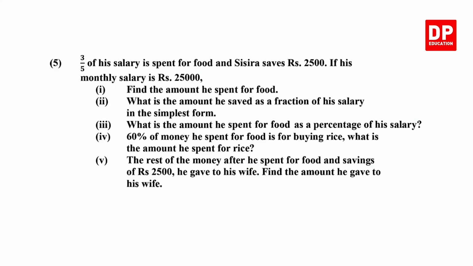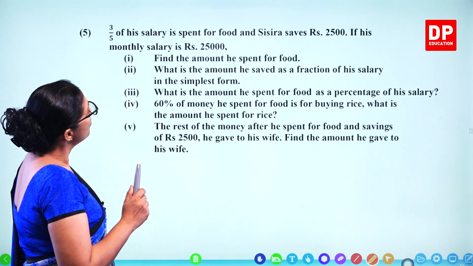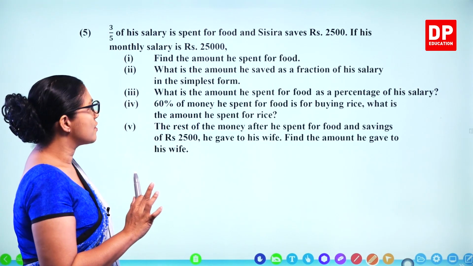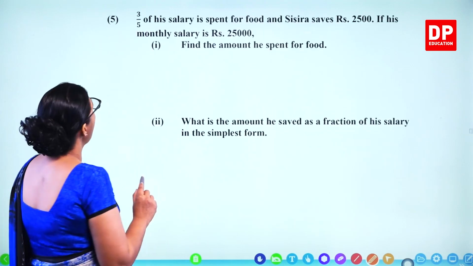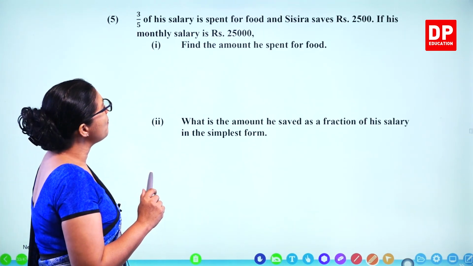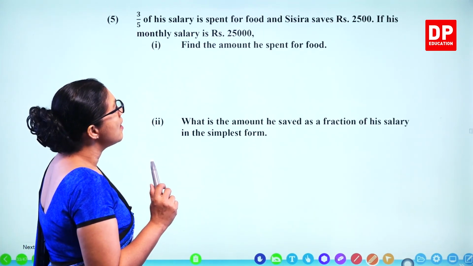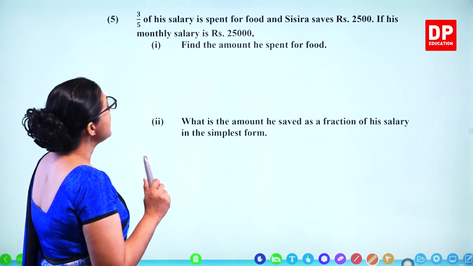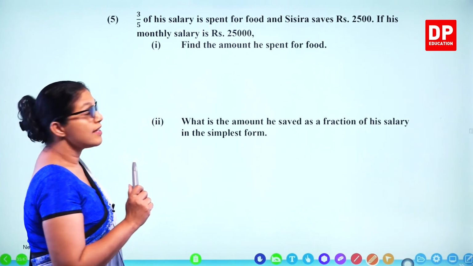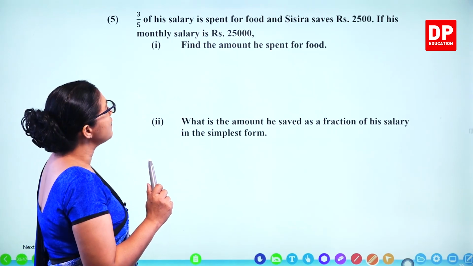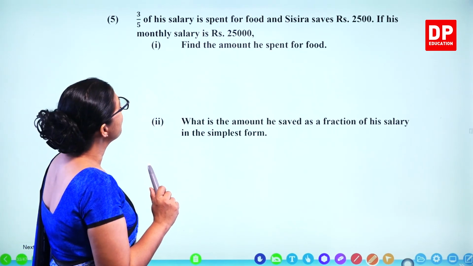Question number 5. So you get 5 parts. So let's see. 3/5 of his salary is spent for food and Sisra saves 2,500 rupees. If his monthly salary is 25,000 rupees, find the amount he spent for food.